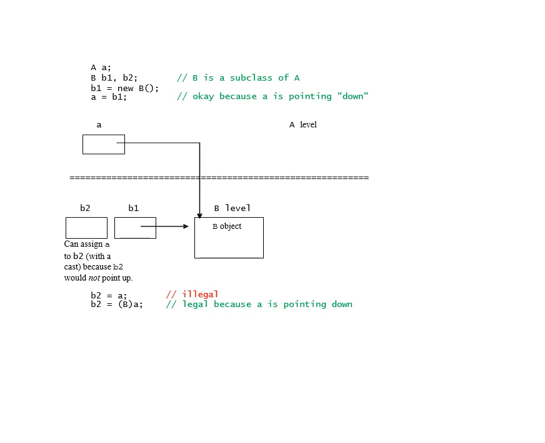All right, now here we have a case where we have an assignment statement. If you look down at the bottom there, we have B2 equals A, and then B2 equals the cast A. Now, just immediately you would say, well, that's illegal because A is at the A level and those B1, B2 are at the B level.